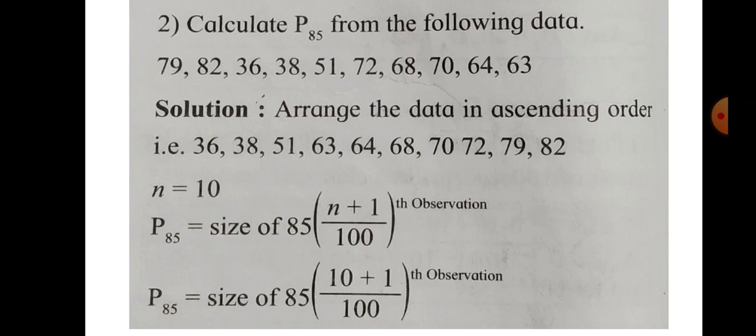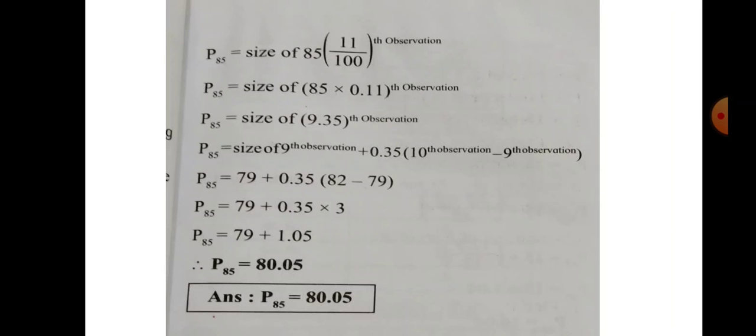In the next step, P85 is equal to size of 85 into bracket 10 plus 1 upon 100, bracket close, observation. Next, P85 is equal to size of 85 into bracket 11 upon 100, bracket close, observation. Then P85 is equal to size of 85 into 0.11, bracket close, observation. So what we get, P85 is equal to size of 9.35th observation.